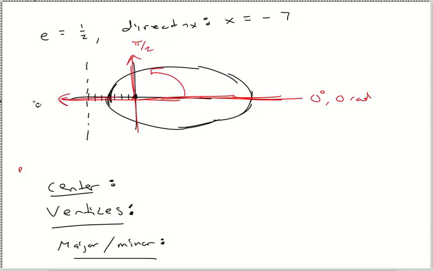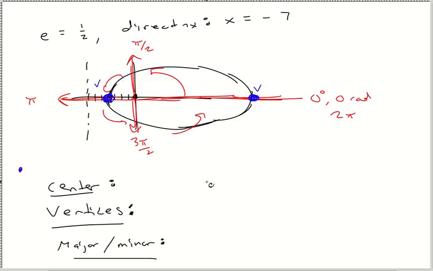Over here we got pi, or 180. 3 pi over 2 as we keep going around, and then finally back here to 2 pi. Neato burrito. So why is this important? Because my vertices are going to be right here and right here.